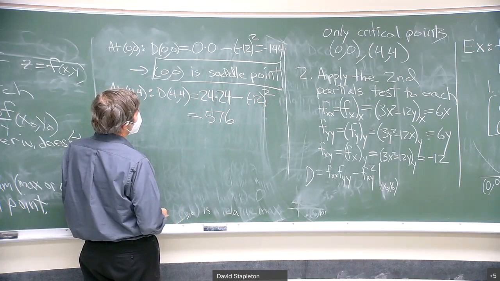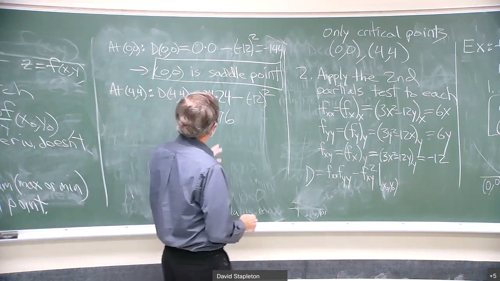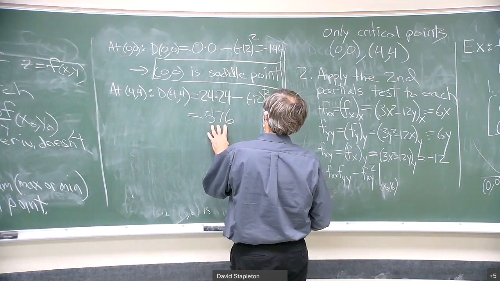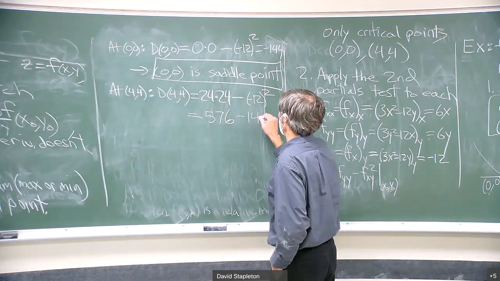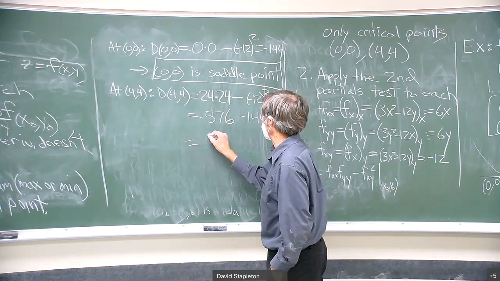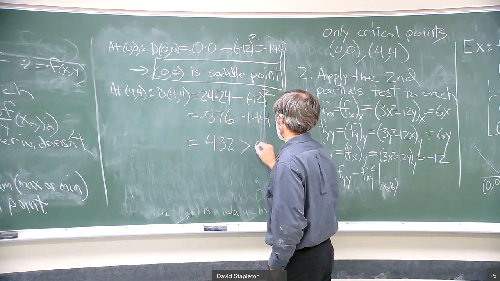Yeah, 576. And then minus 144 gives us 432. But it doesn't matter what it is, it's positive.